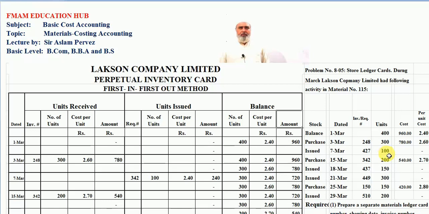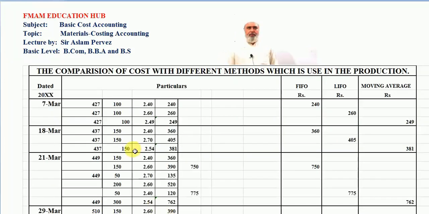When we issue 100 units, we have to apply 3 methods: the FIFO method, the LIFO method, and the moving average method. In the FIFO method, the cost of 100 units is 240 rupees. But in the LIFO method, the cost is 260 rupees. But in the average cost method, the cost is 249 rupees.